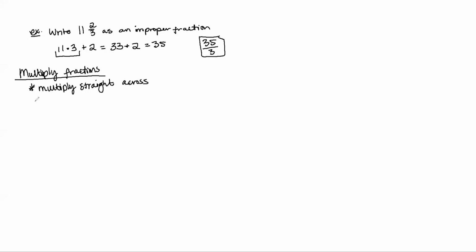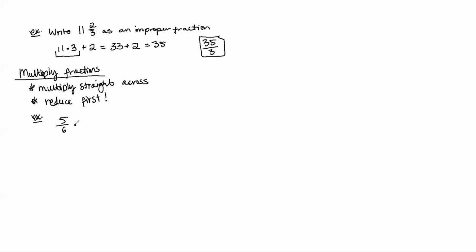One other thing that's going to be helpful with multiplying fractions, and I'll show you both ways, is that when we multiply, we'll always have to reduce. So you can always reduce at the end. If you have really big numbers to work with though, sometimes it's helpful to reduce first. Let's take a look at an example of both ways, just so you can see if you prefer one or the other, and why one of them is more helpful sometimes.